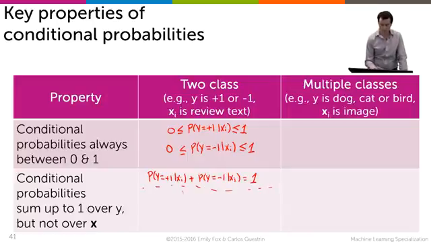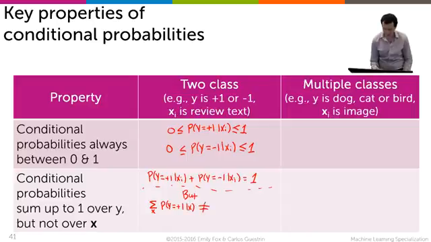However, it's not true if you sum the right side, if you sum over the sentences or over xi or anything like that. So for example, if you summed over all possible sentences of the probability of y equals plus 1 given x, that is not required to be 1.